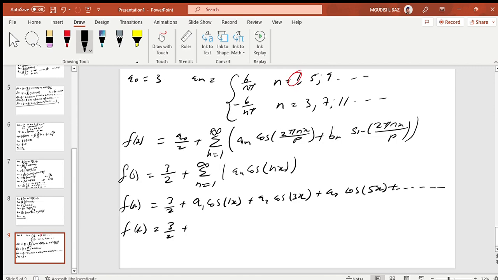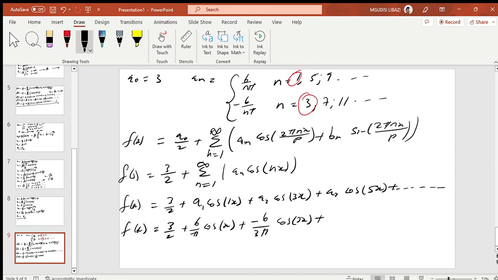We get 6 over pi cosine of x, plus, now we're coming to 3. When you substitute 3 there, we get negative 6 over 3 pi, and that's cosine of 3x.